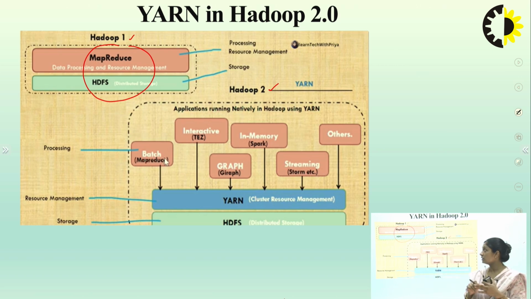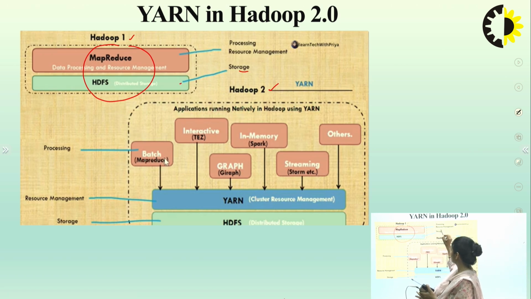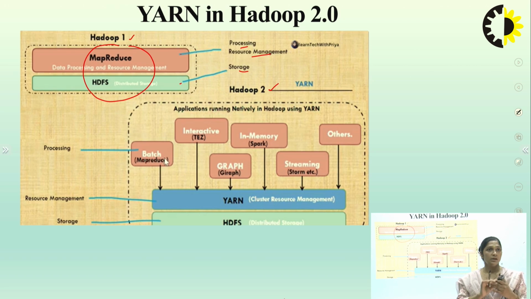HDFS we use for the storage purpose, and MapReduce we use for resource management, processing, monitoring and all work.